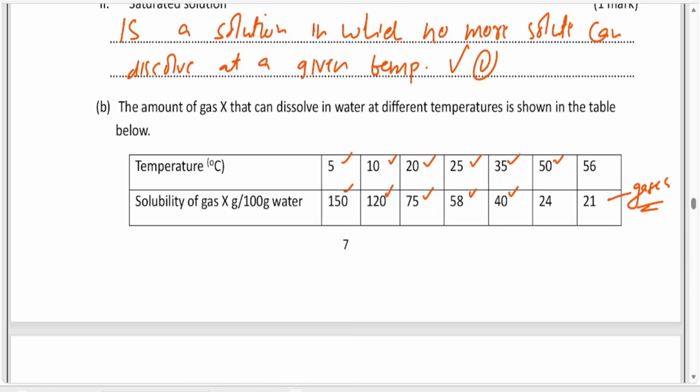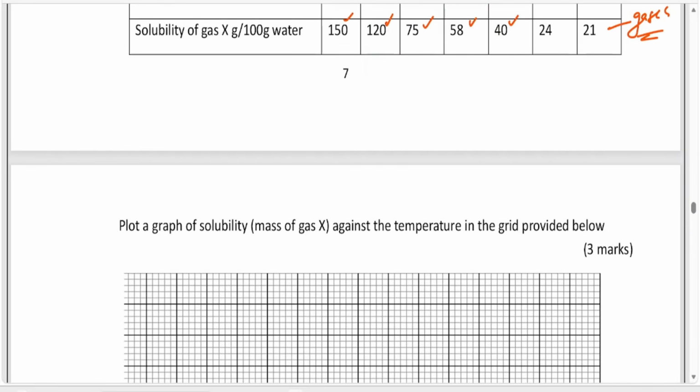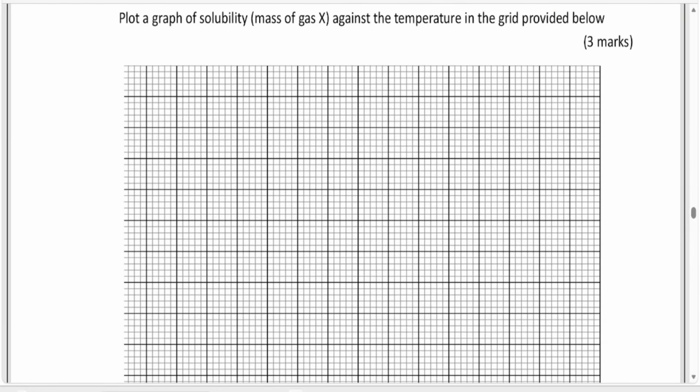So let's now try to answer the question that we have at hand. Plot a graph of solubility, which is the mass of gas X, against the temperature in the grid provided. So when you are told to plot a graph, where do you start?